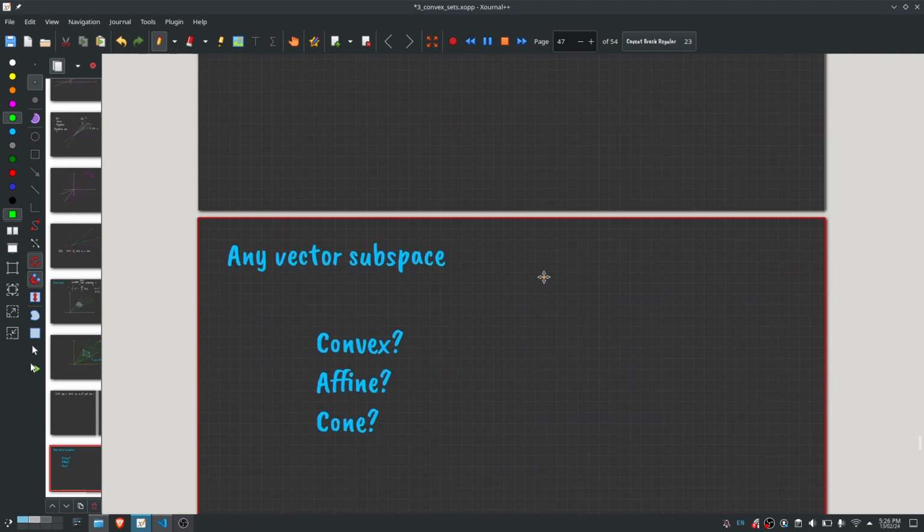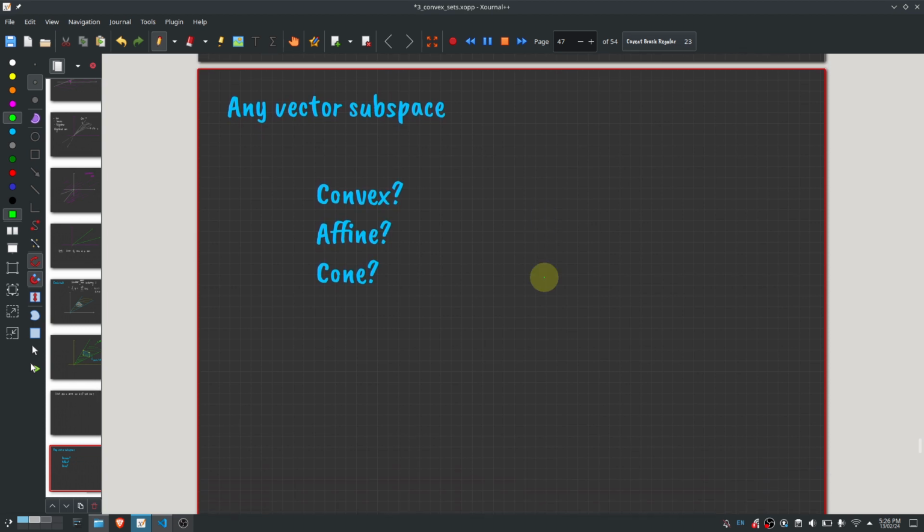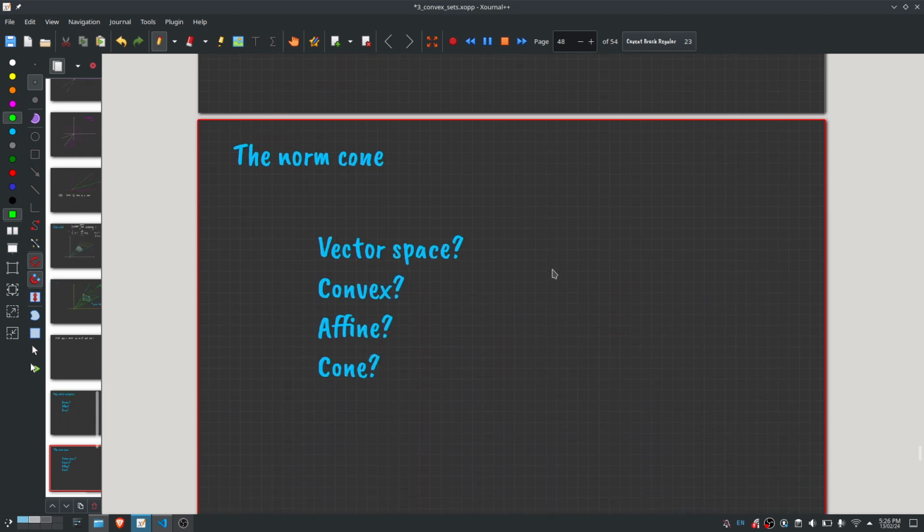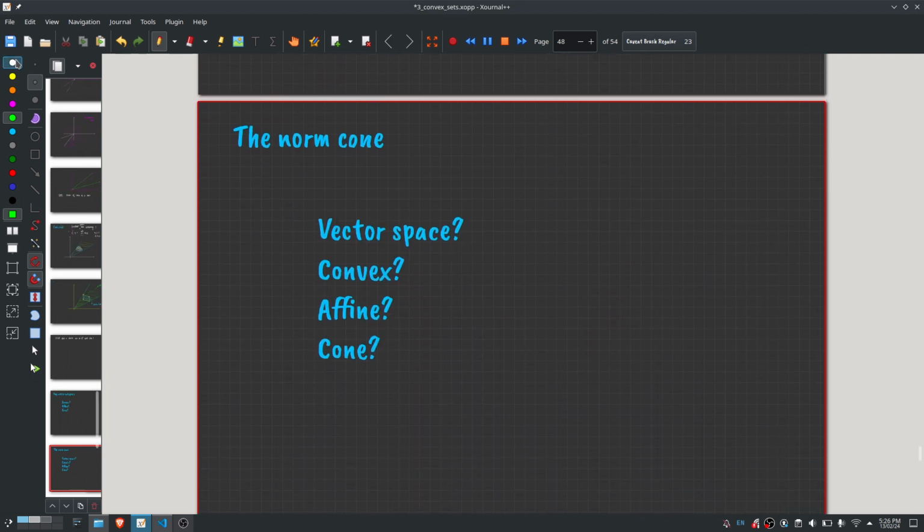Okay, so as we've seen, any vector subspace is a convex set. It is an affine set. It is also a cone. Let's consider the norm cone, which is the set of all (x, t), where x is in R^(n-1) and t is greater than or equal to 0, such that norm x is less than or equal to t.